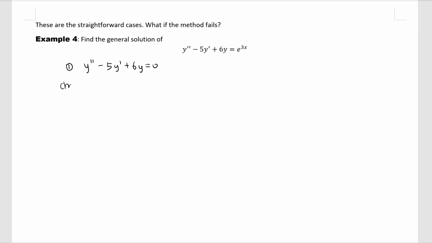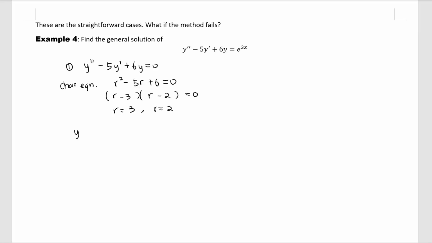Okay, the characteristic equation is r squared minus 5r plus 6 equals 0. Can we factor it? Yeah, how can we factor it? Well, r minus 3 and r minus 2, right? So we have r equals 3 and r equals 2.